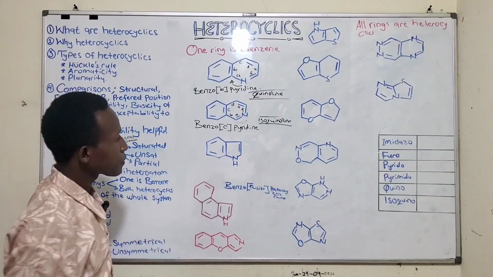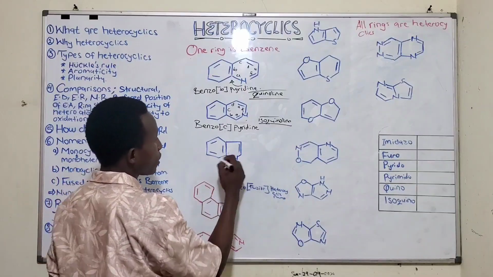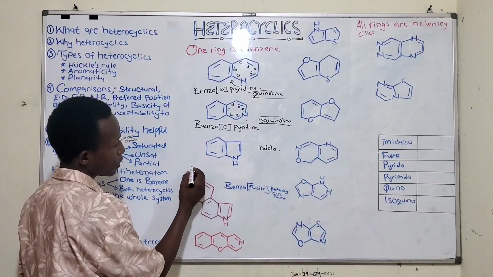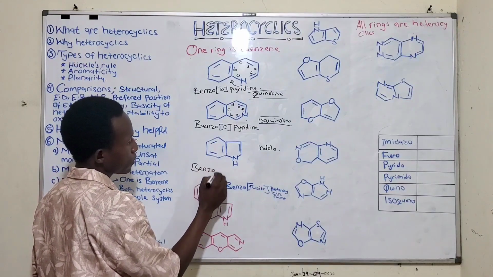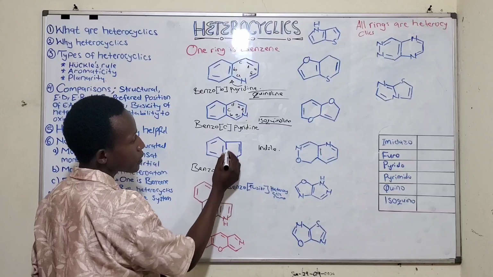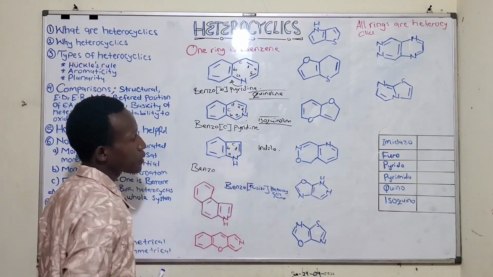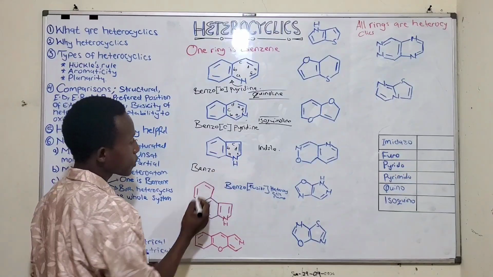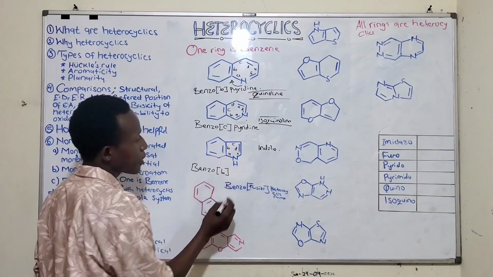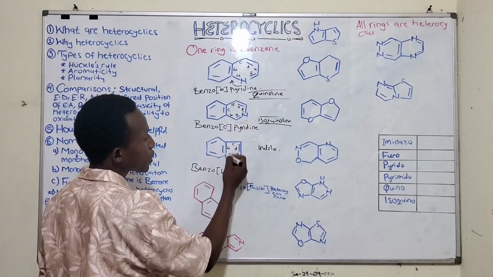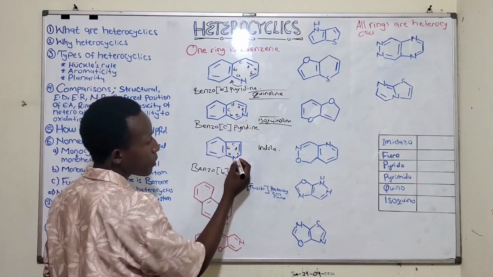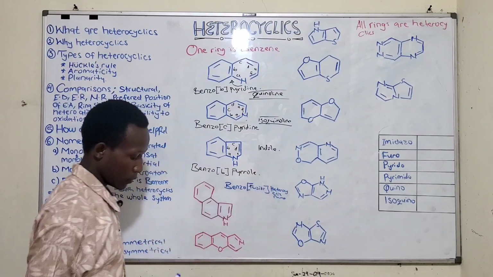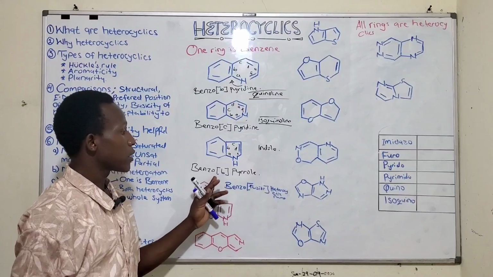Then we have this structure. Remember the common name for this structure is indole. But we can name it like benzo. Then this is the first atom, this is B, C, D, and E. The fusion is at the B face, so it is benzo B. Then this heterocyclic is known as pyrrole, so it is benzo B, pyrrole.